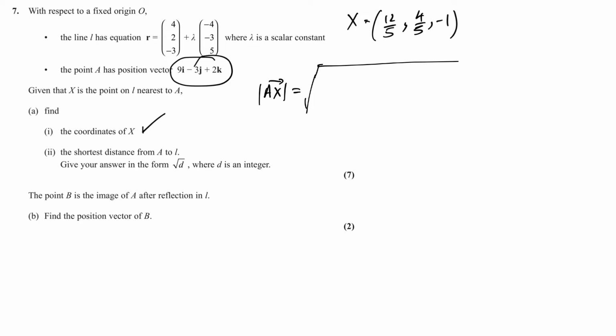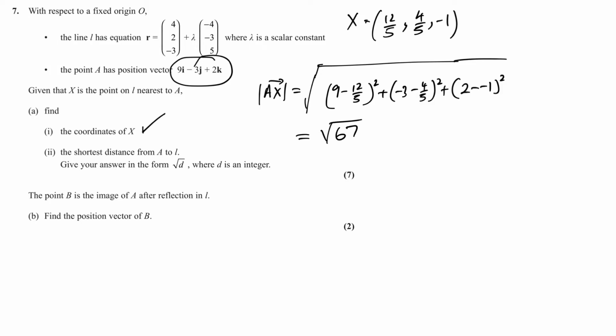So we've got 9 minus 12/5 squared plus minus 3 minus 4/5 squared plus 2 minus 1 squared. And that gives me the square root of 67, which is where I leave it.